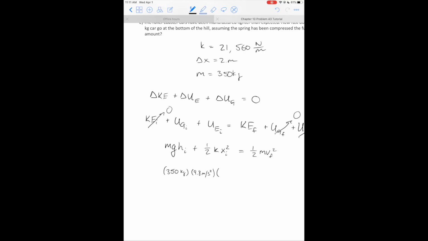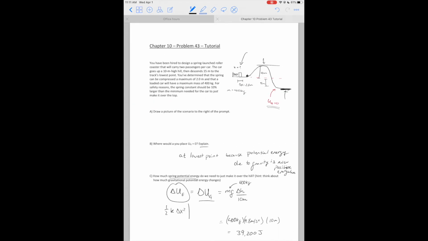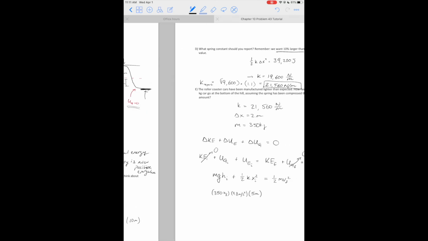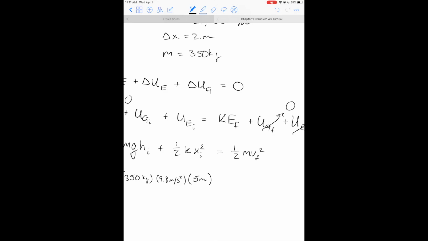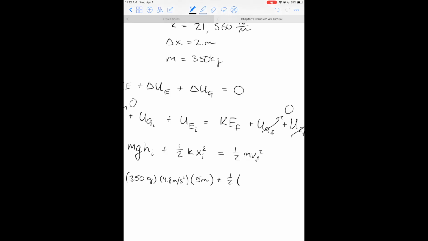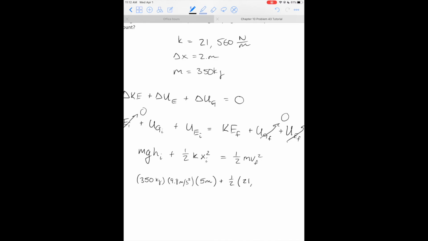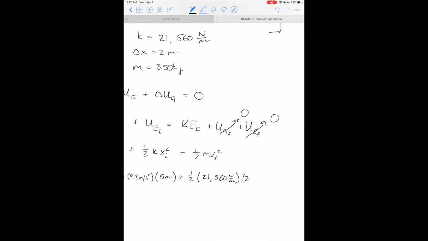My height is only 5 meters. I start out 5 meters above my 0 point. And then I say plus 1/2 k, which we said before was 21,560 newtons per meter, times 2 meters squared.